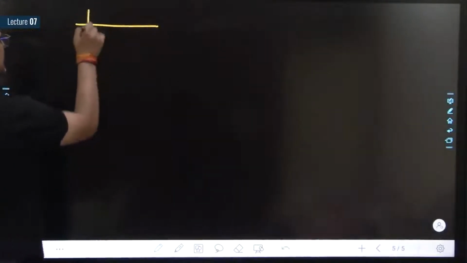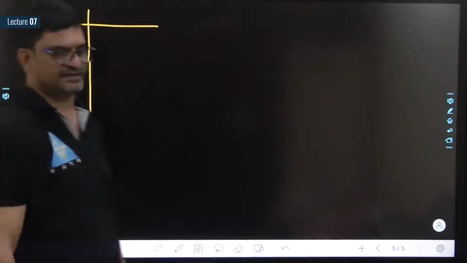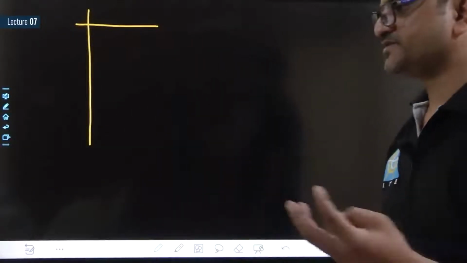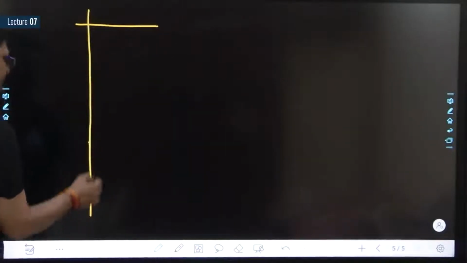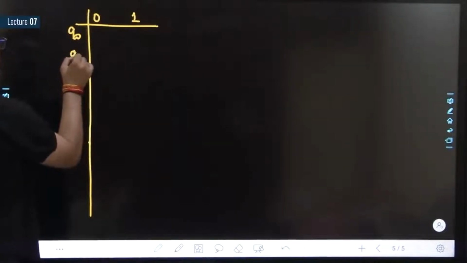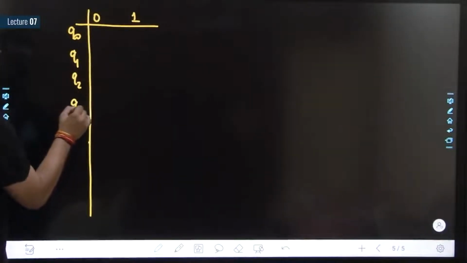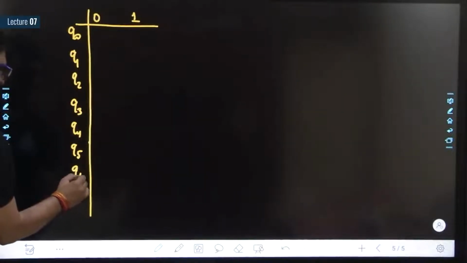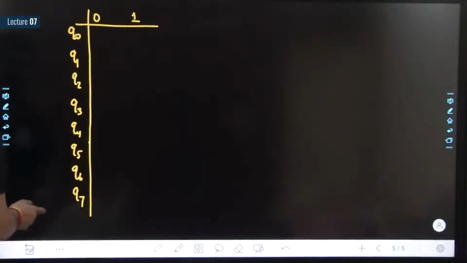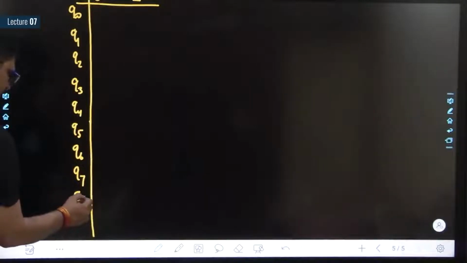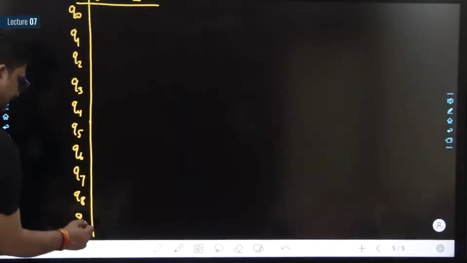When we divide a binary string by 10, the possible remainders are 0 to 9. Then how many states? 10. 0, 1, 2, 3, 4, 5, 6, 7, 8, 9.